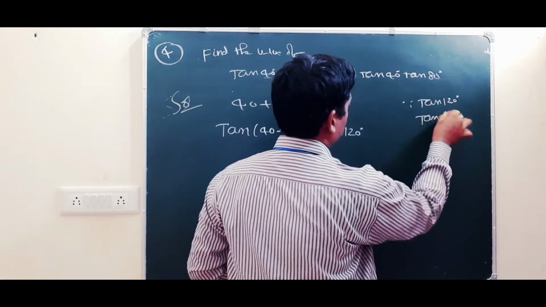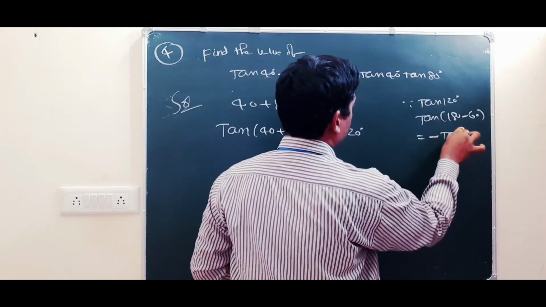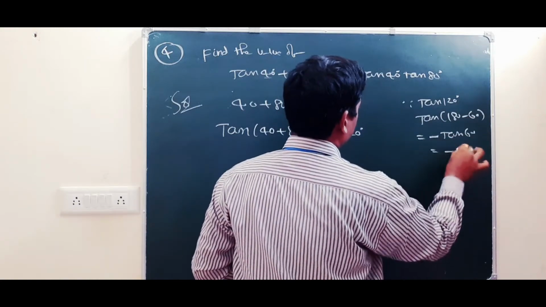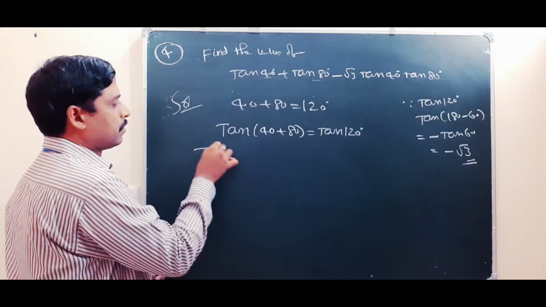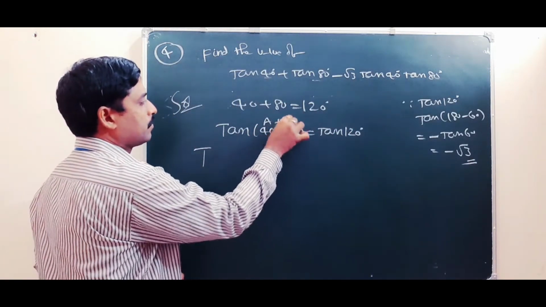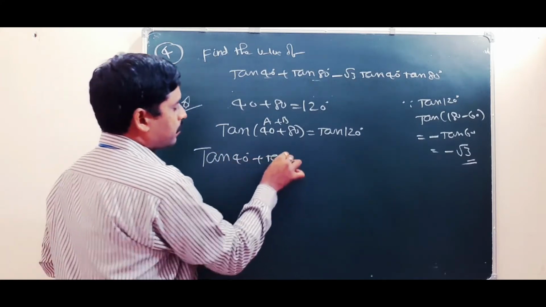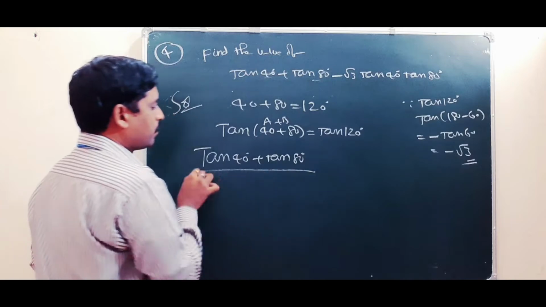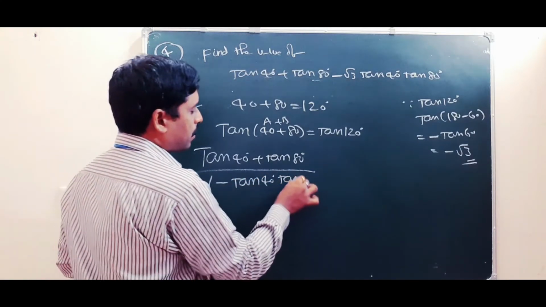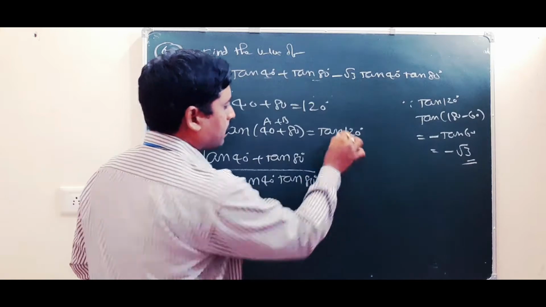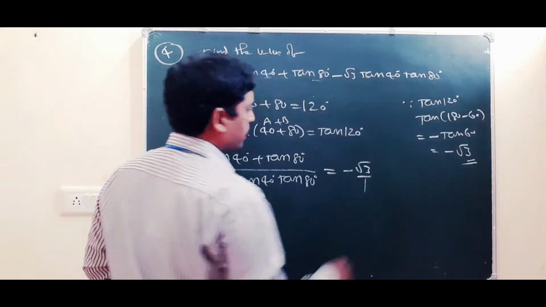So tan 120 is written as tan (180 minus 60), this is minus tan 60, minus root 3. Okay, right. So by using the tan (A plus B) formula, (tan 40 plus tan 80) upon (1 minus tan 40 into tan 80) equal to tan 120 value. We got it, minus root 3.